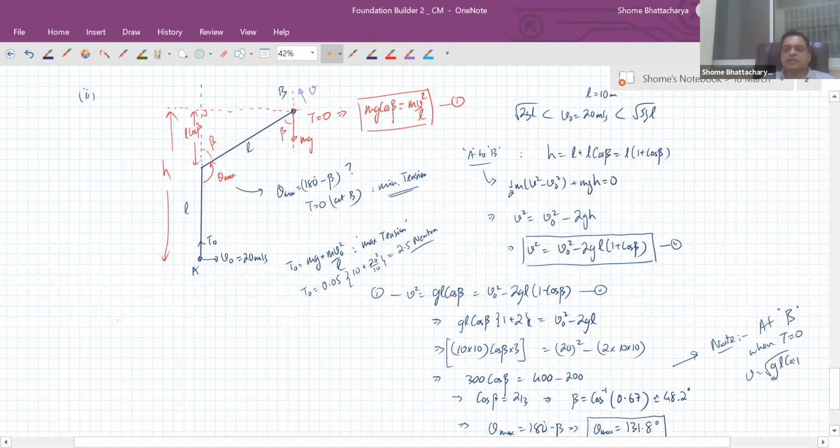So that is something we can calculate easily. And we just got cos beta as 2 by 3. Okay. So it is 10 root 2 by 3 or approximately 8.1 meters per second.